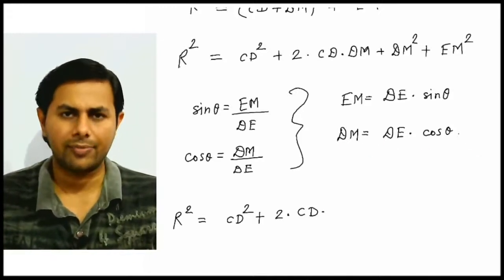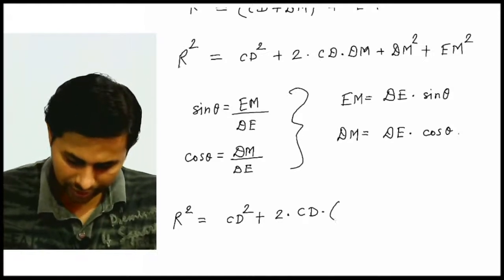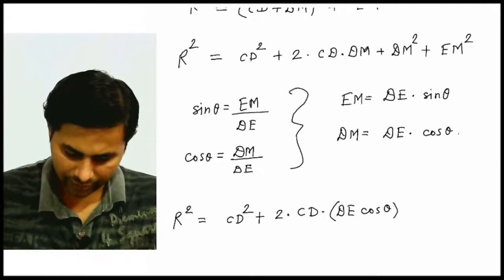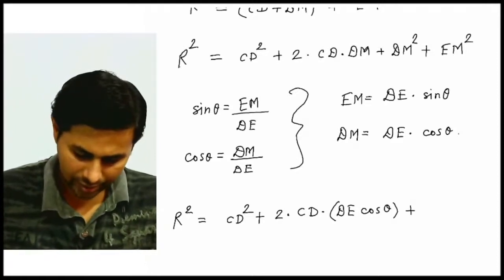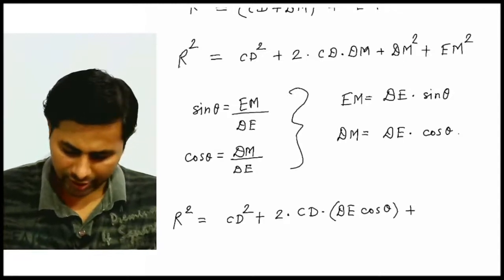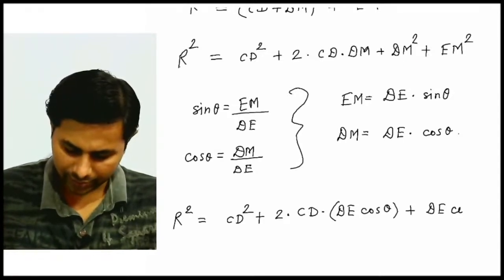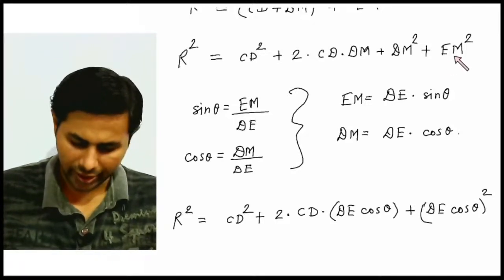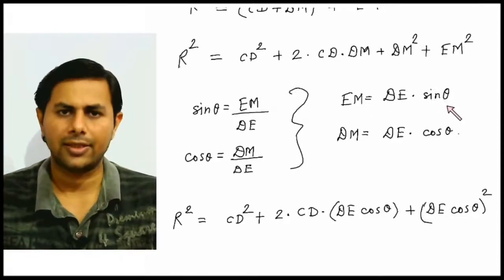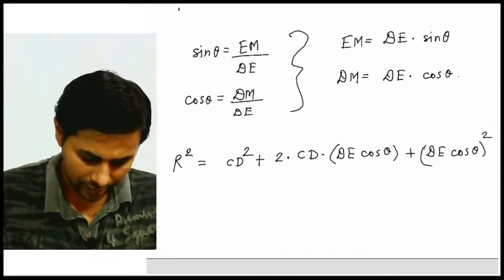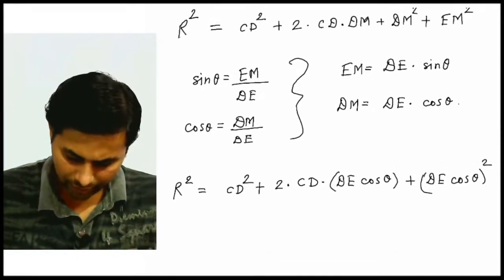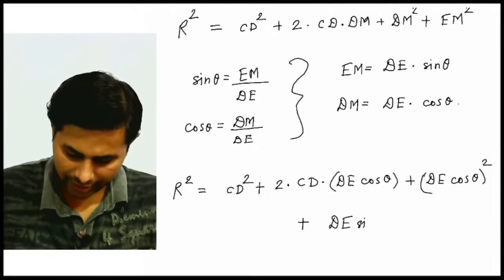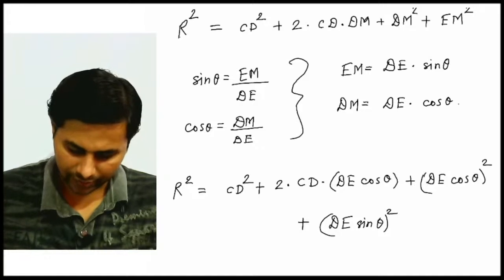We found DM is DE multiplied by cosine theta, plus DM squared, which is DE cos theta squared, and then we have EM squared, which is DE sine theta squared.